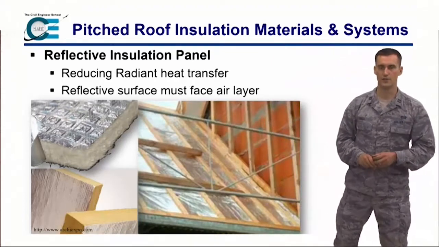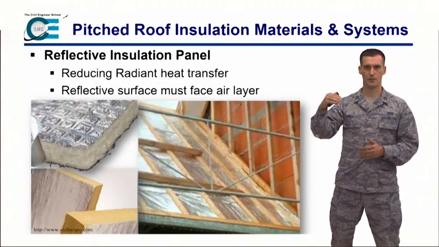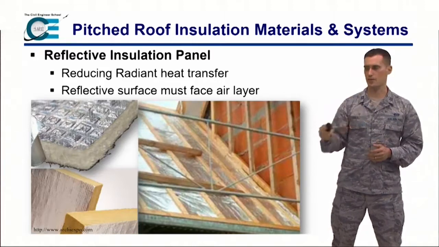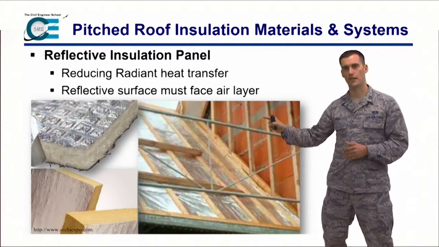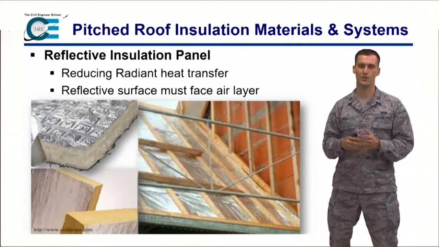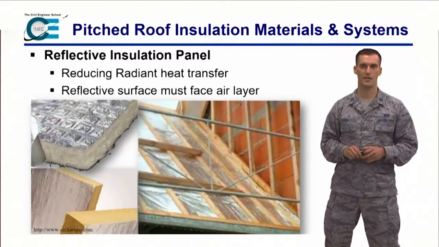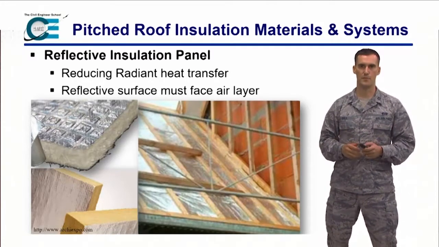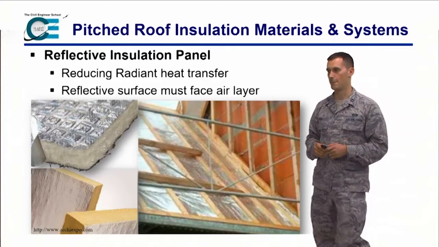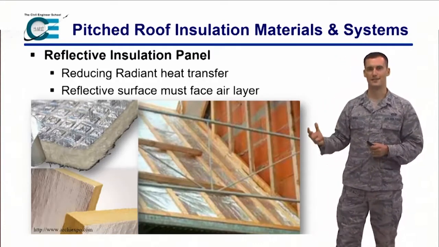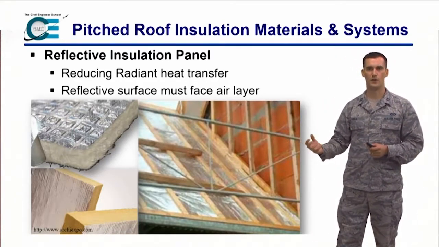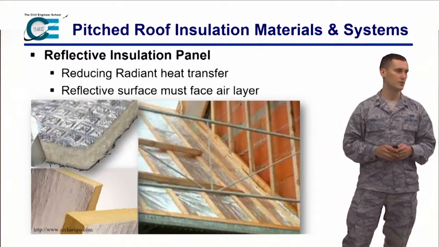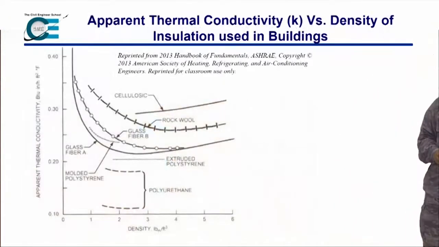As radiation travels and hits this, it's going to be reflected off rather than absorbed. And so that's going to decrease our heat transfer and give us benefits, not extra R value, but it reduces the total heat transfer into our facility.